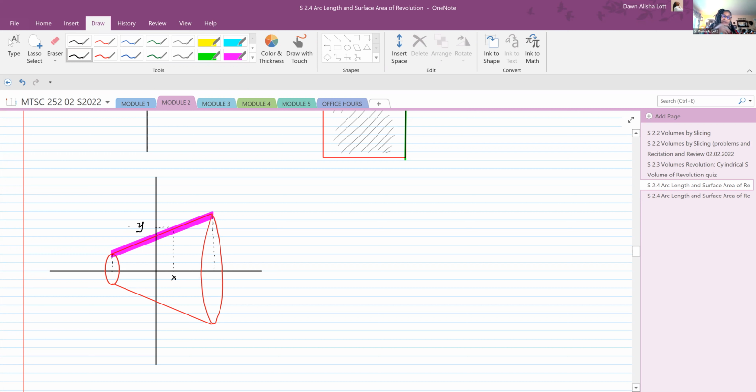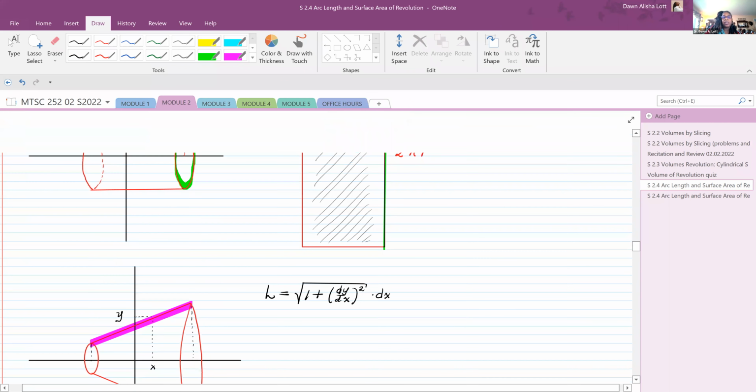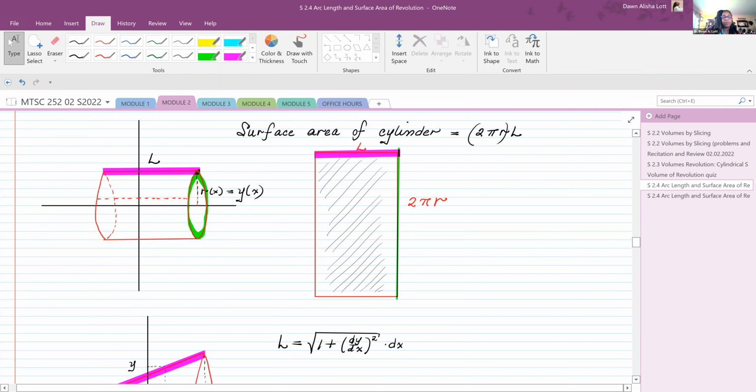But what do we do about that length? Well, we already figured out from before that that length was the square root of 1 plus dy/dx squared, if you multiply by the dx. So now I'm going to do the same thing and put this L in there.